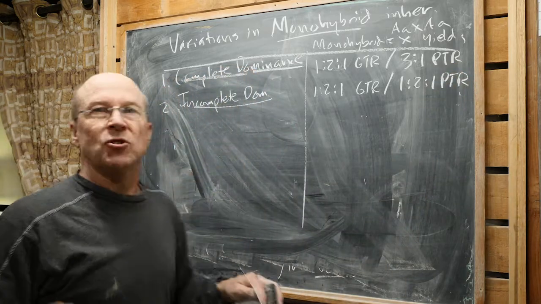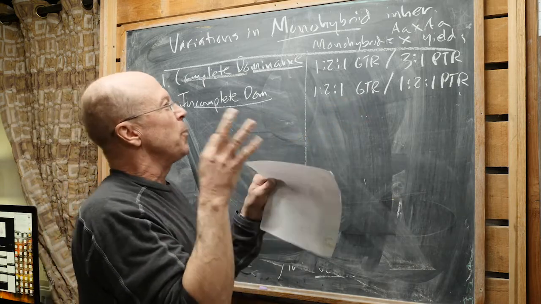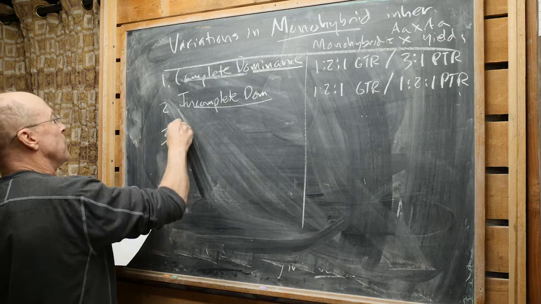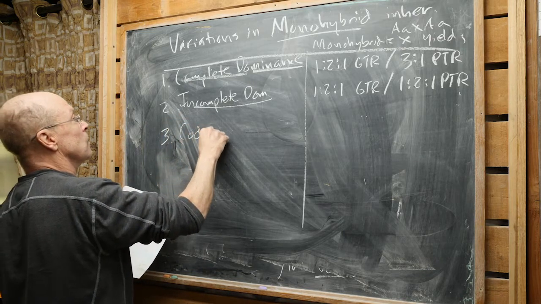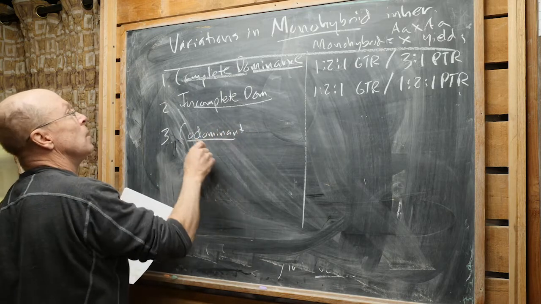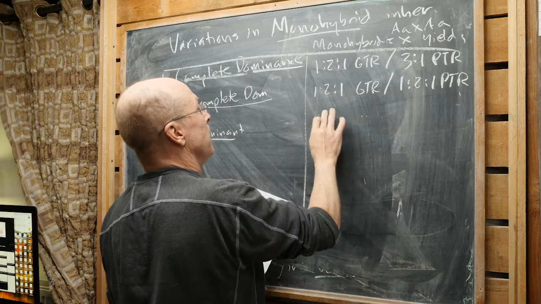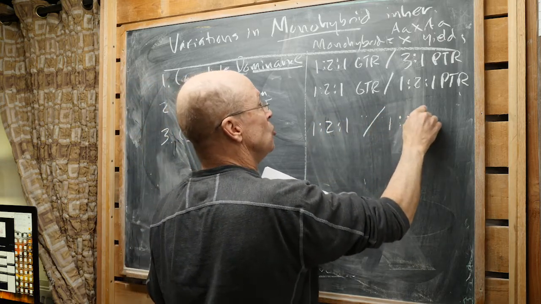We'll work some problems that show that, but I think it's good to put your brain in contact with ratios. The next one is a codominant cross, and again, this would be a 1 to 2 to 1 and a 1 to 2 to 1.